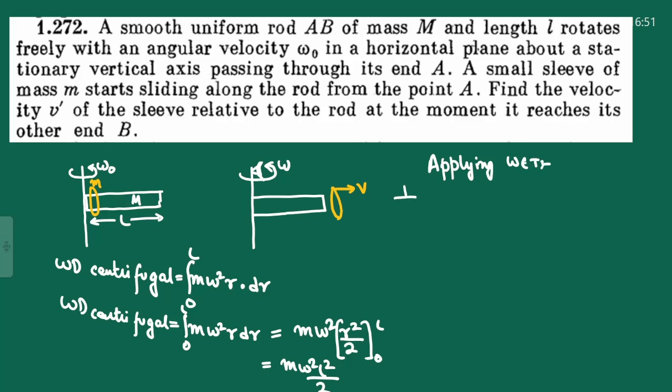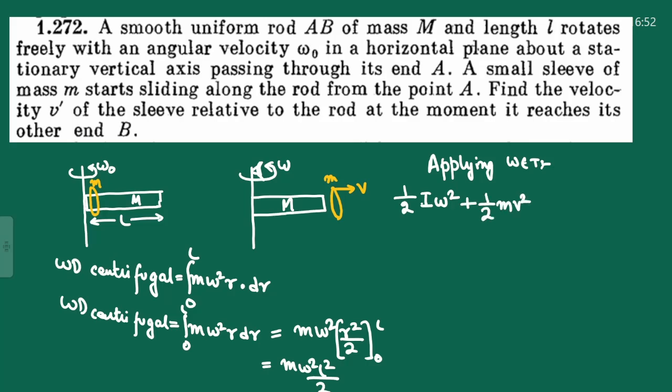So the final kinetic energy is half I omega square, where I is the final moment of inertia, plus half m v square, where small m is the mass of this ring.